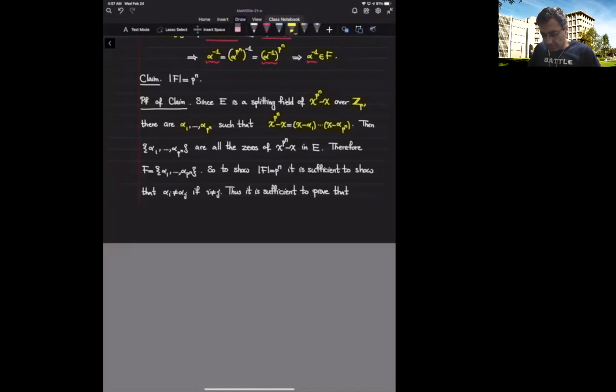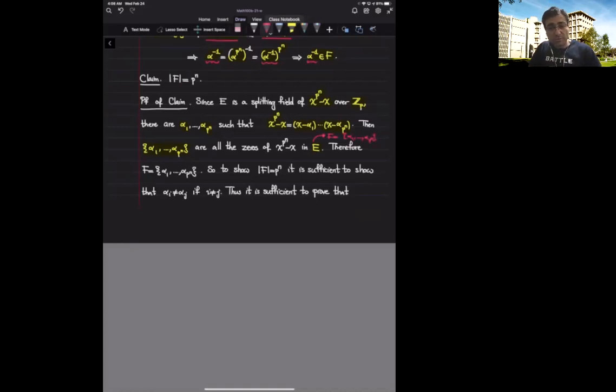So this consists of all possible zeros of this polynomial in E. And remember, the zeros of this polynomial give us the set F. So from here I can deduce that this is precisely the set F.